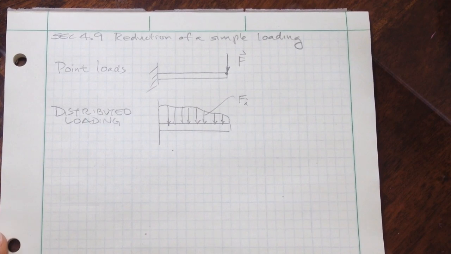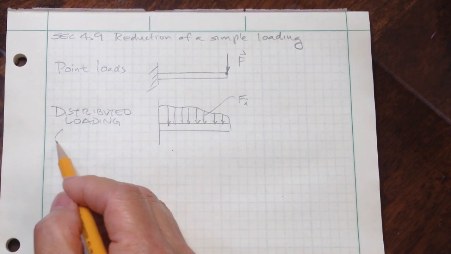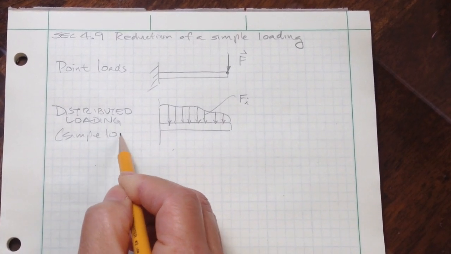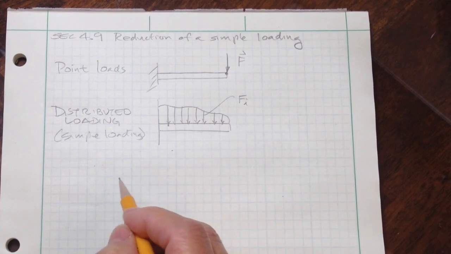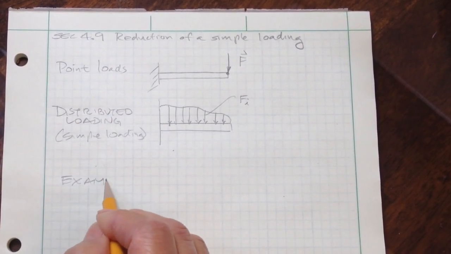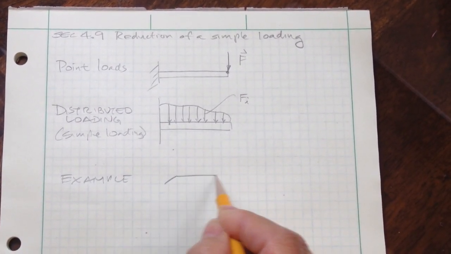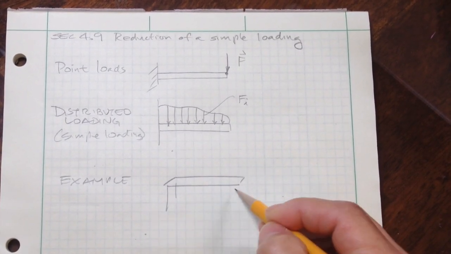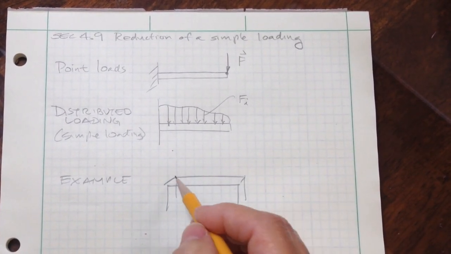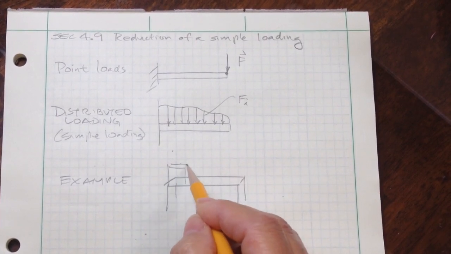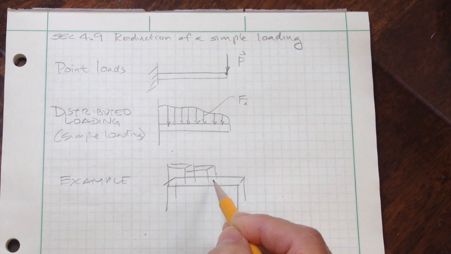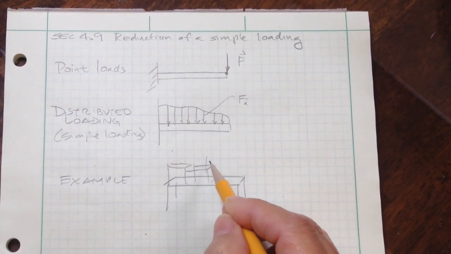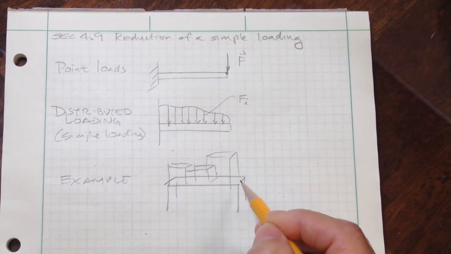And situations where we might find such distributed loading or this type of simple loading would be perhaps a table, right? So an example would be, let's say you have a table and you have some boxes laying on top of it, and each box may weigh differently, maybe of different size.